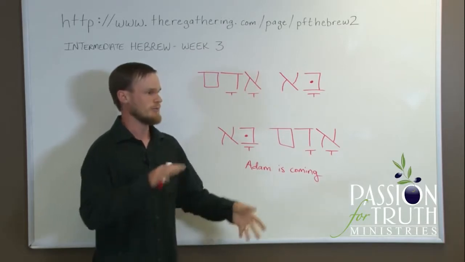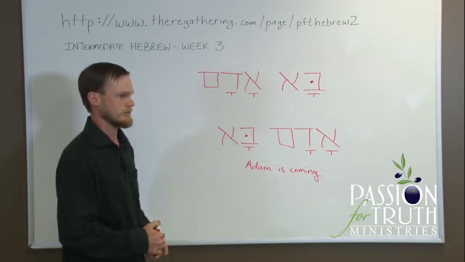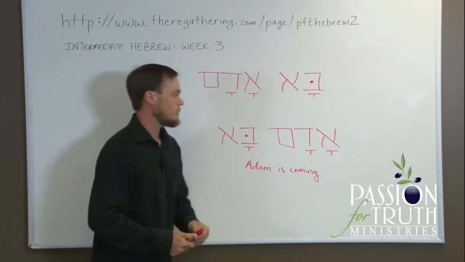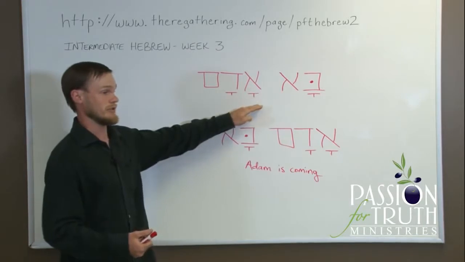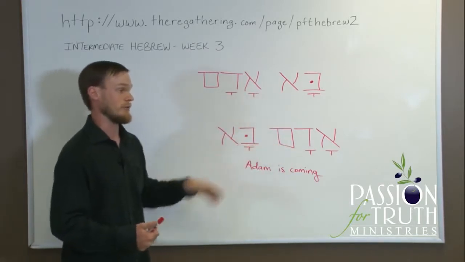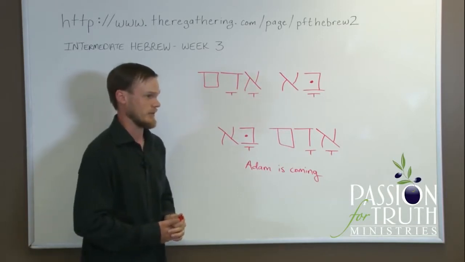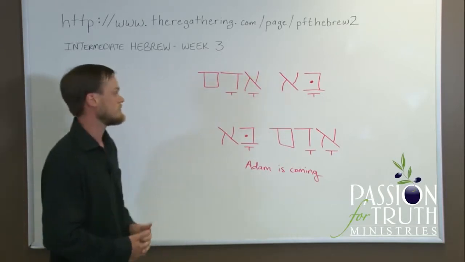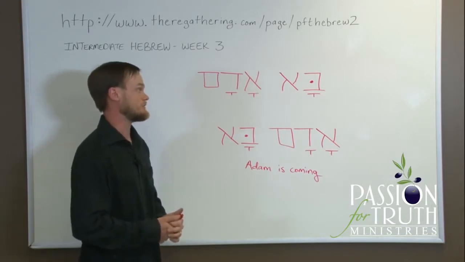It just changes subtly what you're trying to emphasize about that sentence. But the main point here is that word order is fluid. You can see verb subject, you can see subject verb. Neither one is correct or incorrect, but they both mean exactly the same thing. So Adam ba and ba Adam are the same.